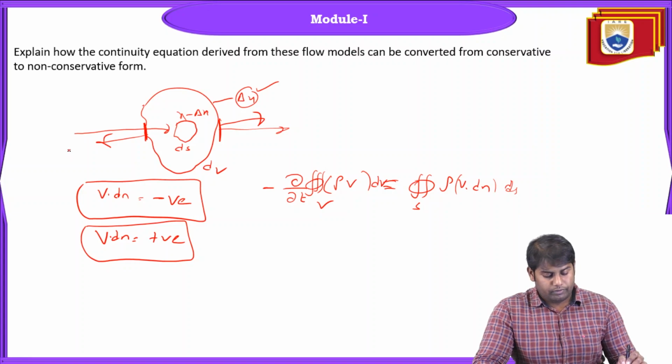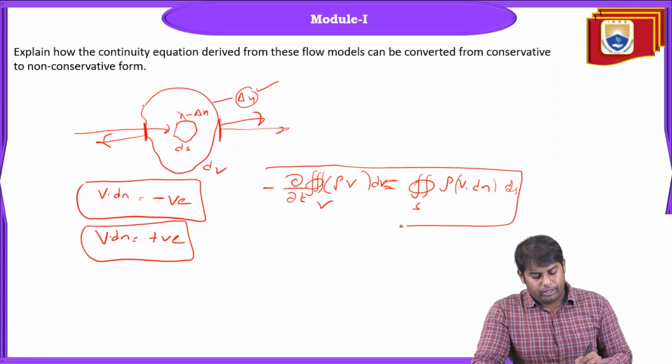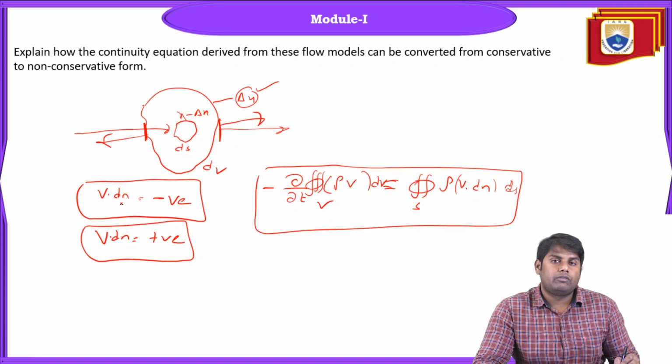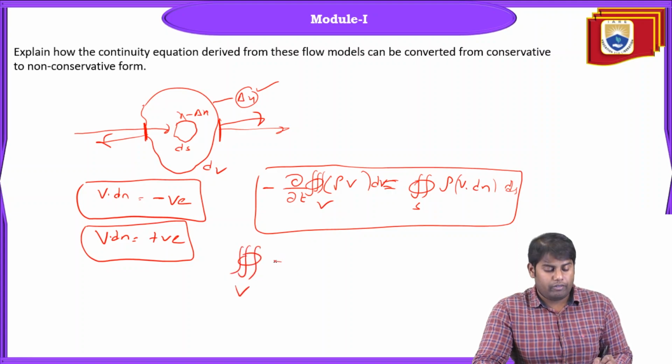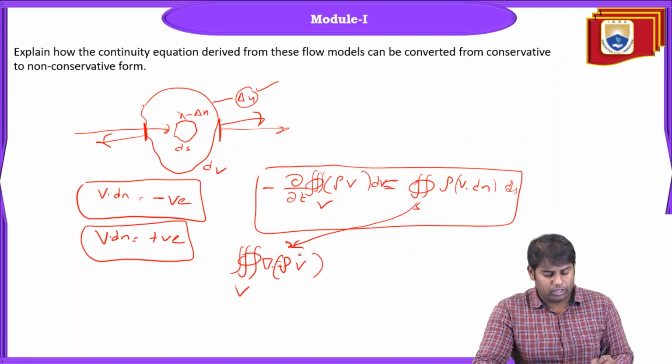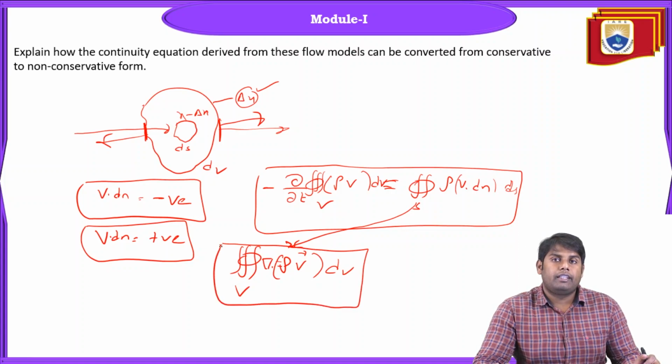Fine. By applying Gauss theorem, the surface integral can be changed to a volume integral, where this term is changed to del dot rho v into dv. So by Gauss theorem, the surface integral is changed to volume integral.